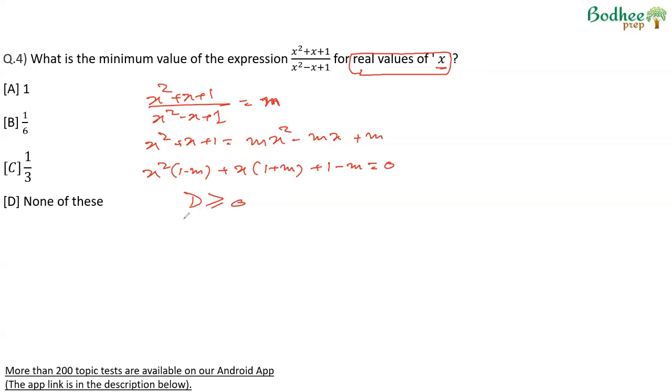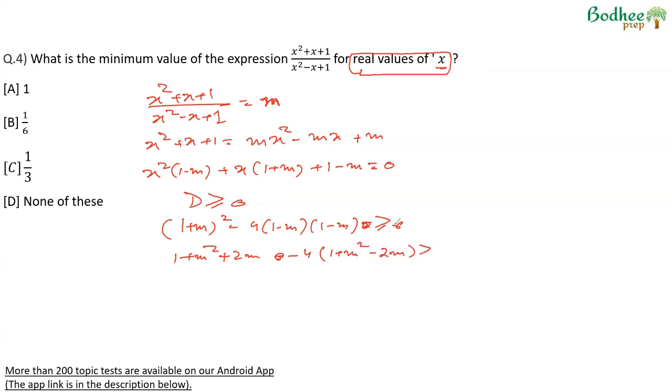So the discriminant, b square minus 4 a c, is greater than or equal to 0. 1 plus m square plus 2m, this becomes minus 4 into 1 plus m square minus 2m is greater than or equal to 0. 1 plus m square plus 2m minus 4 minus 4m square plus 8m is greater than or equal to 0.